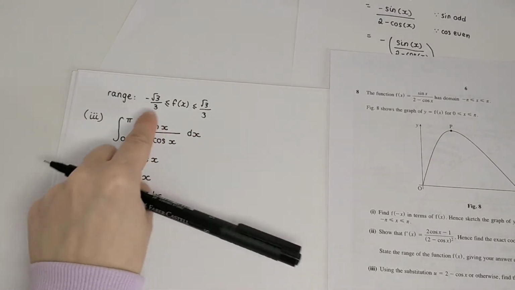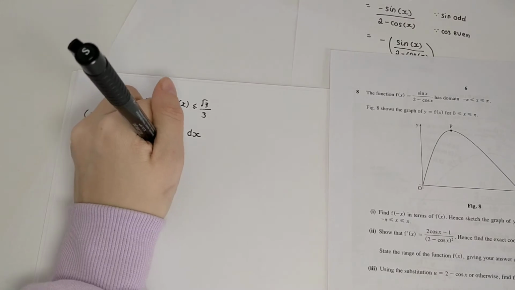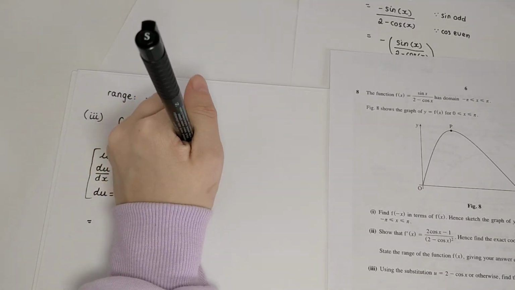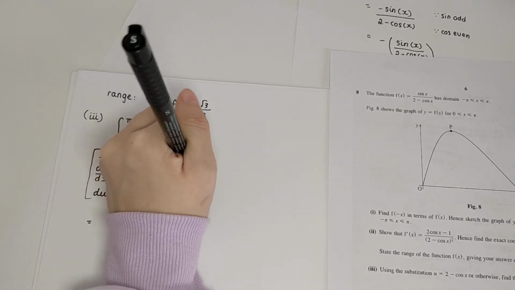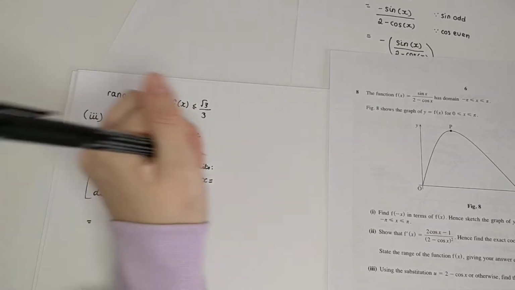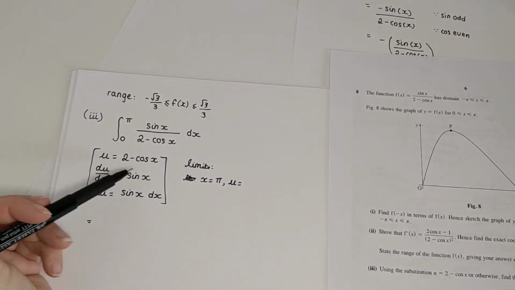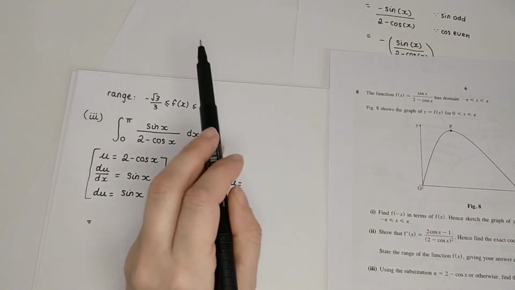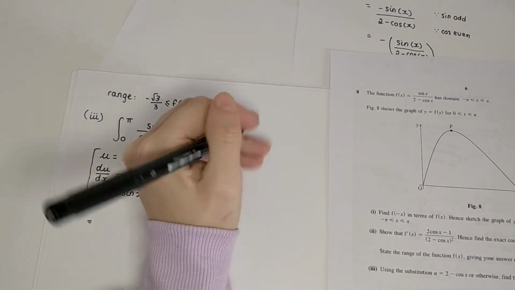Sine x dx, they're going to go away. Excellent. So this equals, oh, I should do limits. When x equals pi, u will equal 2 minus cos of pi. Cos of pi is minus 1, so 2 minus minus 1 is 3.